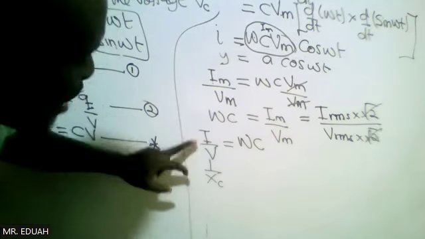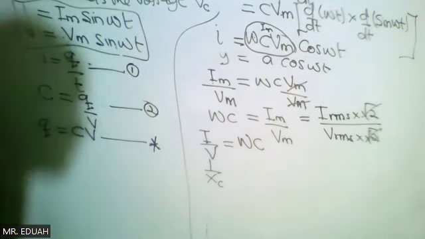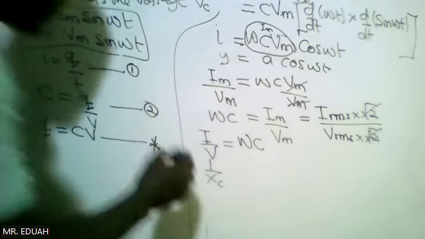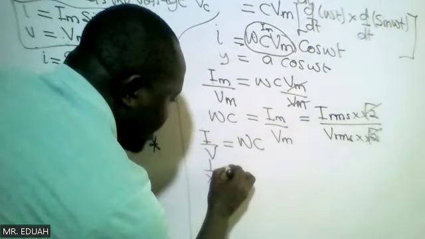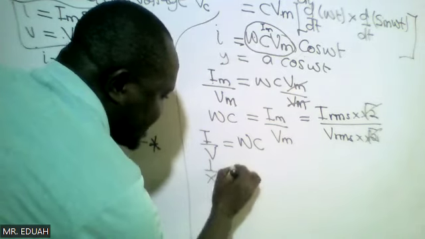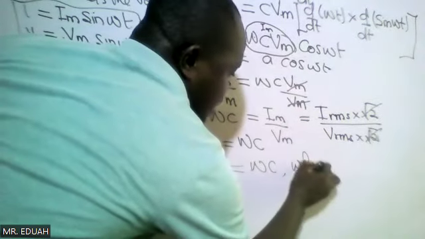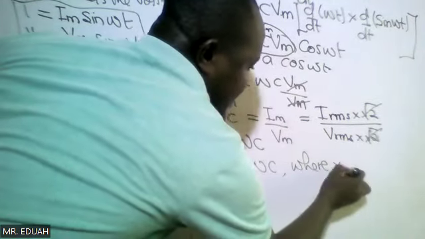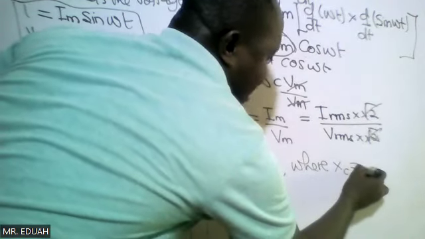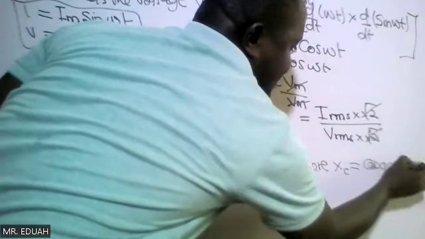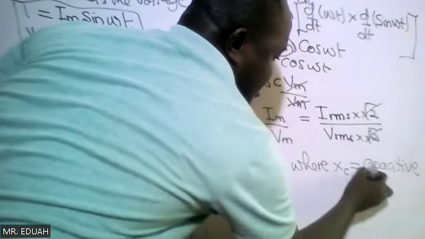So I over V is the inverse of the capacitive reactance, where 1 over XC is equal to omega C, and XC is known as the capacitive reactance.